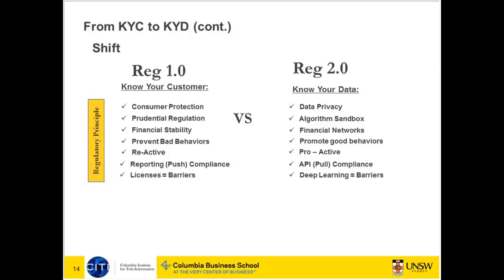So not a reactive system, not waiting for the crisis to hit and then prosecuting people for misbehaviour, or in the case of 2008, prosecuting almost nobody and doing almost nothing in hindsight, which is a different story. Not that sort of reactive system, but very much more a proactive system.